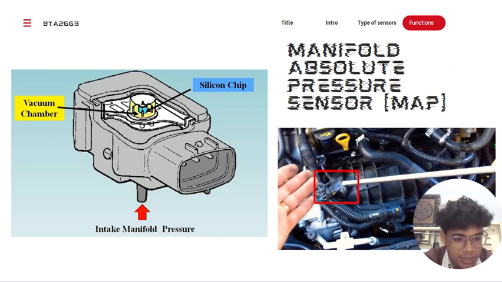The more pressure there is, the more the silicon membrane flexes and the more the charge changes. The onboard electronics measure this and then convert it into a useful signal for the ECU. This manifold absolute pressure sensor can be found located in the intake manifold.